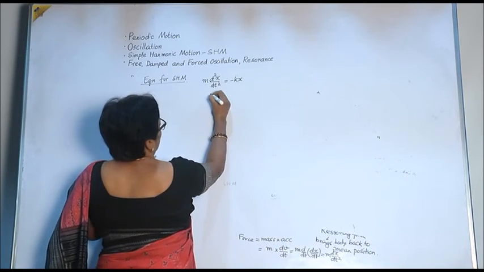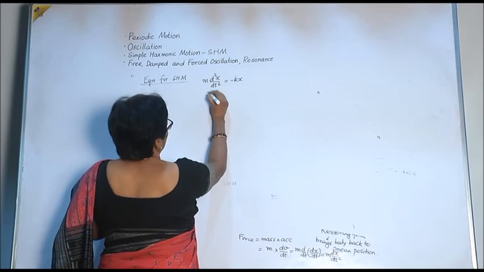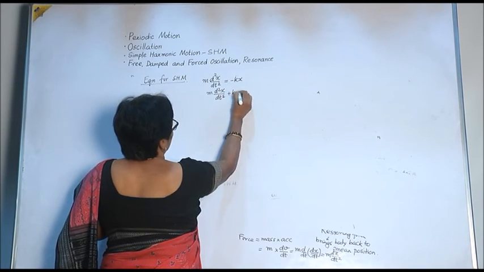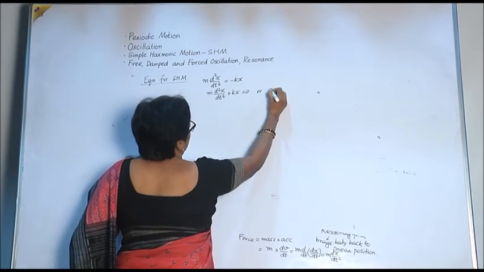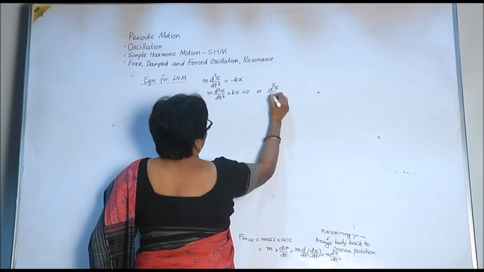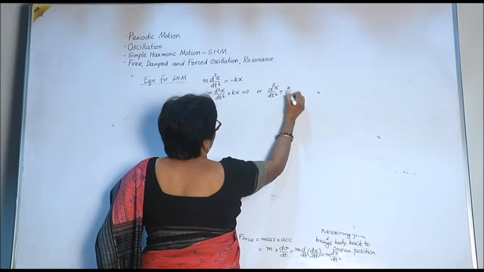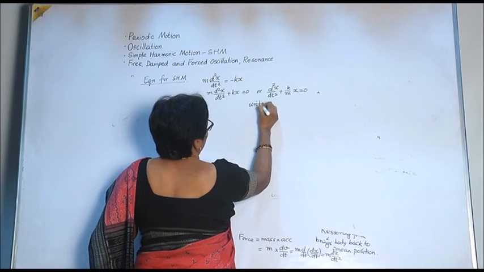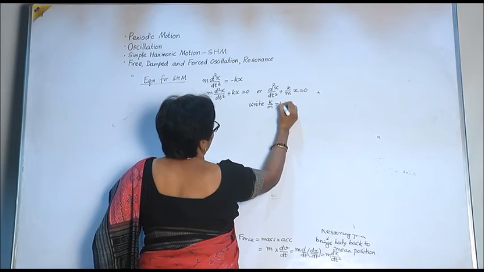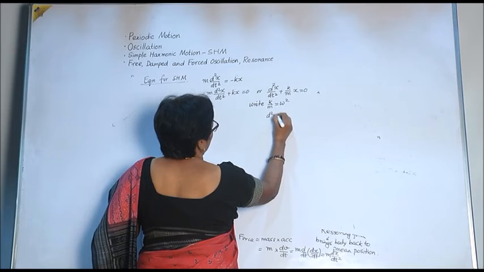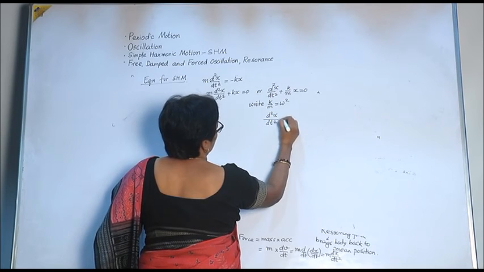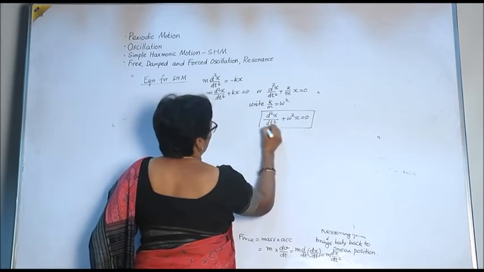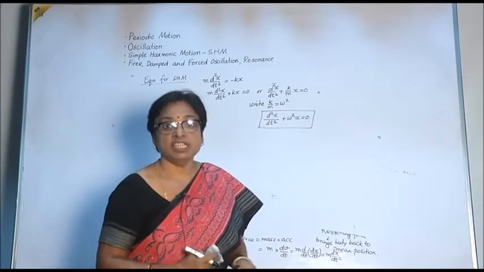If I bring it to this side, this becomes m d square x by dt square plus kx equals 0, or I get d square x by dt square plus k by m into x equals 0. Let us write k by m as omega square. So, usually we write d square x by dt square plus omega square x equals 0. This is a differential equation.